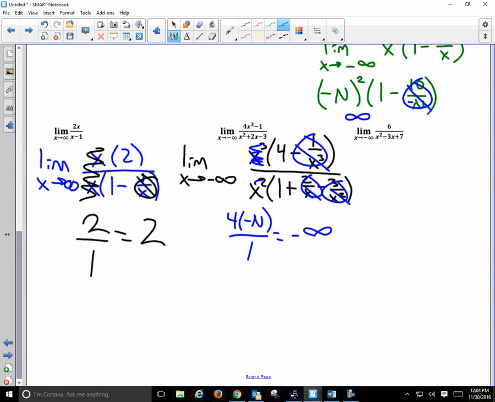So this just becomes an x in the numerator, right? So 4 times a very large negative number divided by 1.